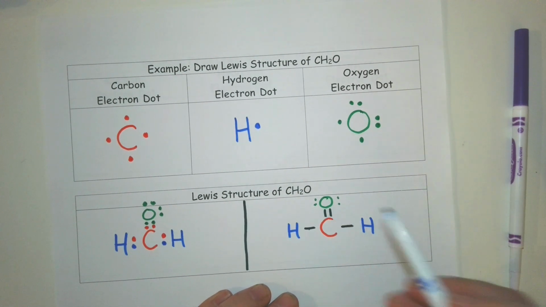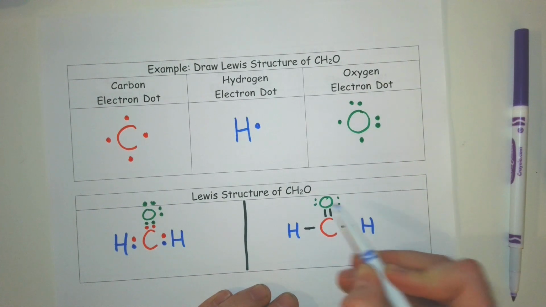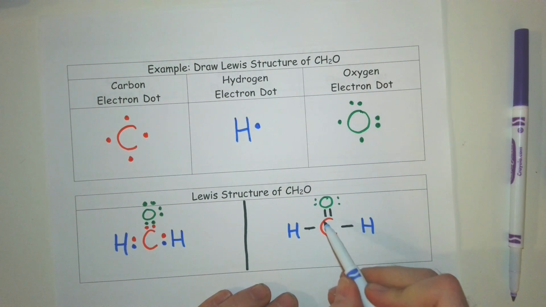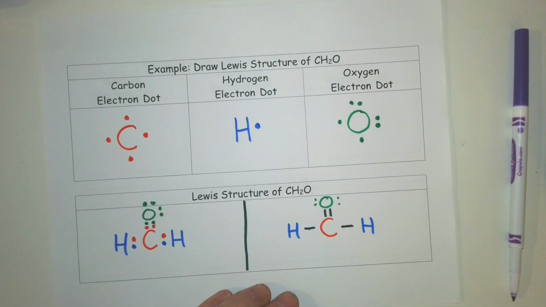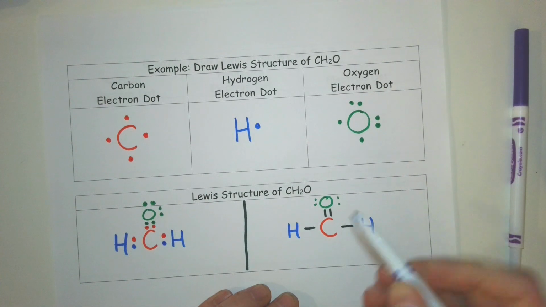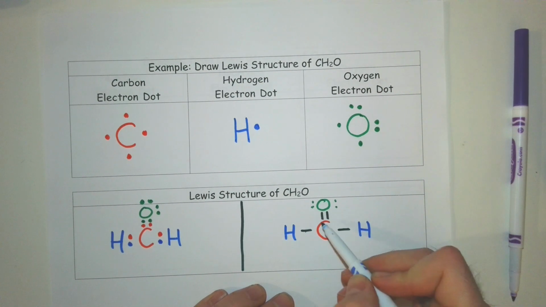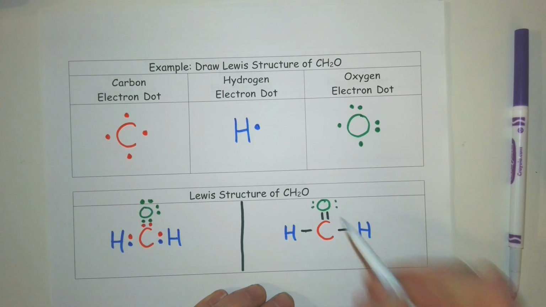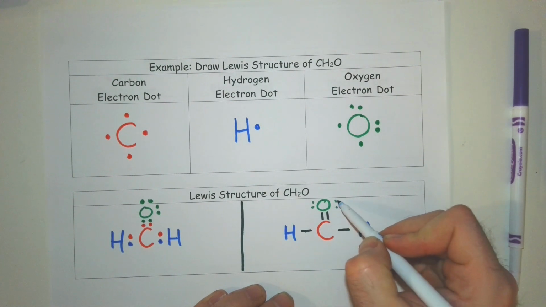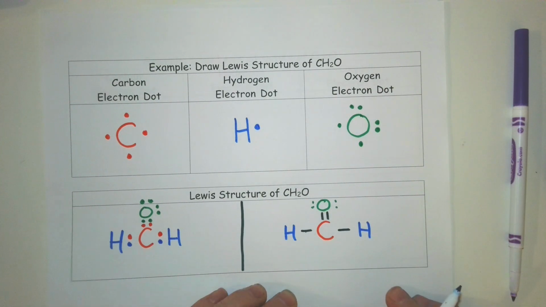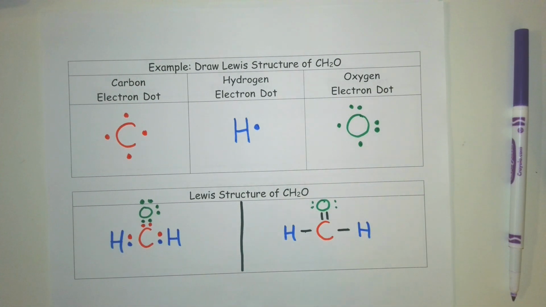So let's check oxygen. Oxygen has 2 lone pairs on the outside. Each bond has 2 electrons, so we'll have 1, 2, 3, 4 in the bonds, and then 5, 6, 7, 8 lone pair electrons on the outside. Sorry about that misspeaking right there.